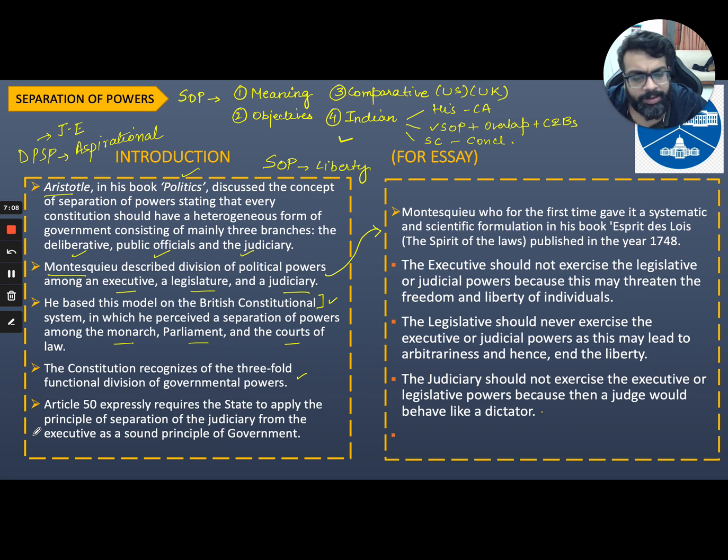Now, why? What is the linkage between separation of powers and liberty? See, the executive must not exercise legislative or judicial powers, because if that happens, you would directly threaten the freedom and the liberty of individuals. In this case, you could say that certain rules and powers given to the executive under CrPC can often restrain or restrict the freedom and liberty of individuals, such as curfews, lockdowns, shutdowns, and so on and so forth.